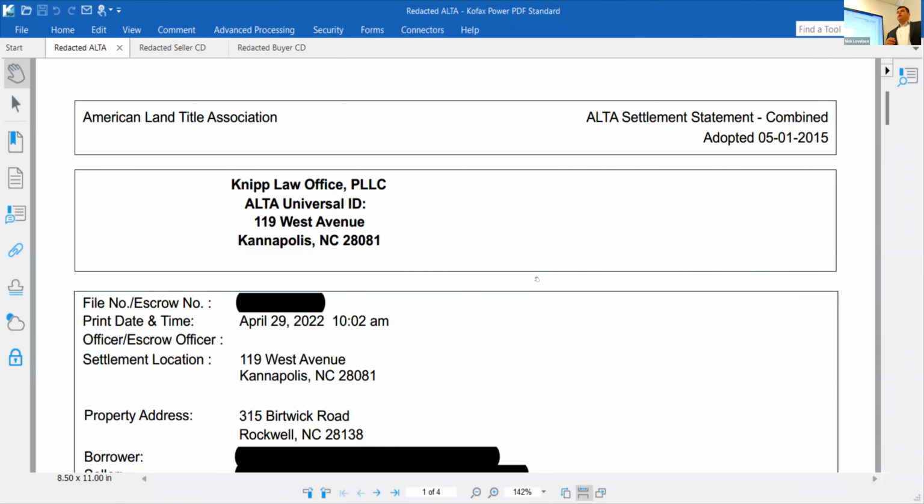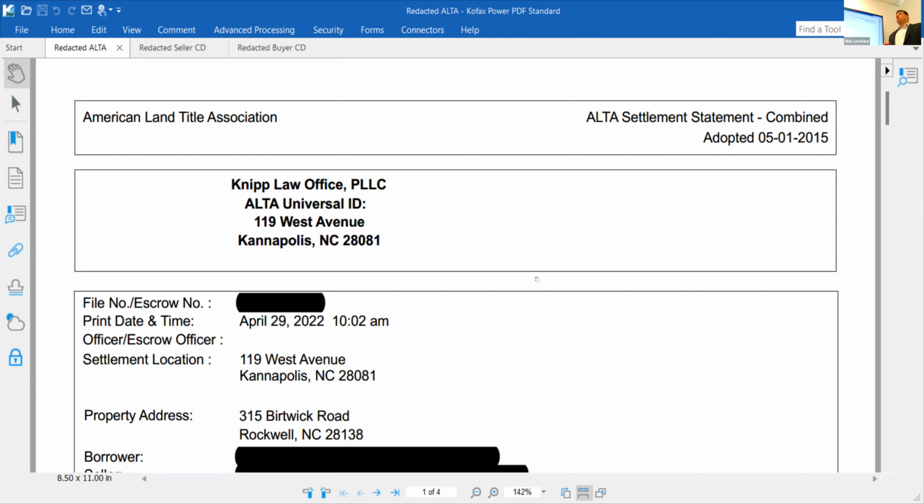But if you're working with a traditional lender who's doing conventional or something government-backed, you're generally going to see both this Alta settlement statement as well as the closing disclosure. Now, this Alta settlement statement is prepared by our office. The lender does not touch this document.